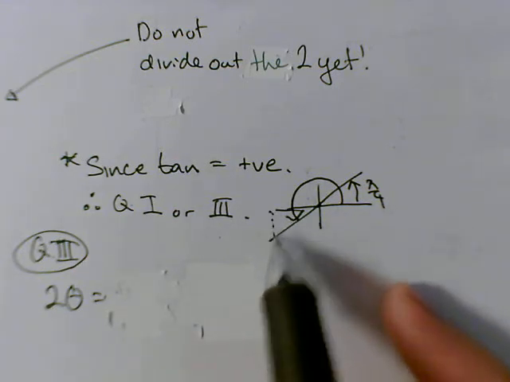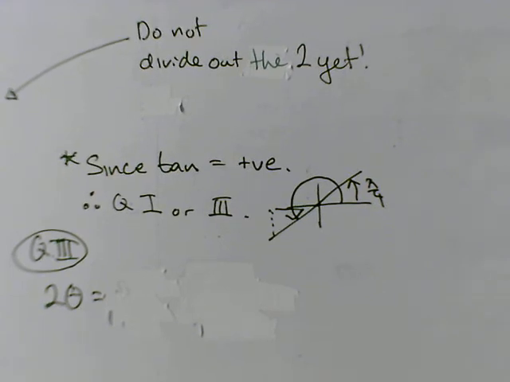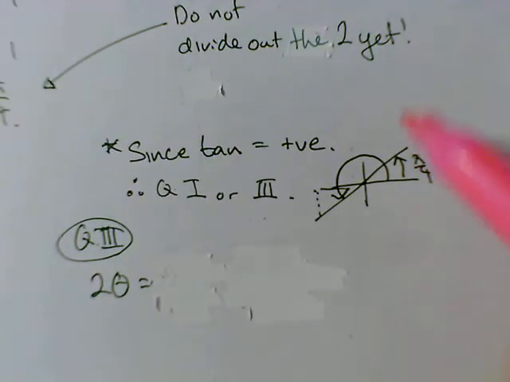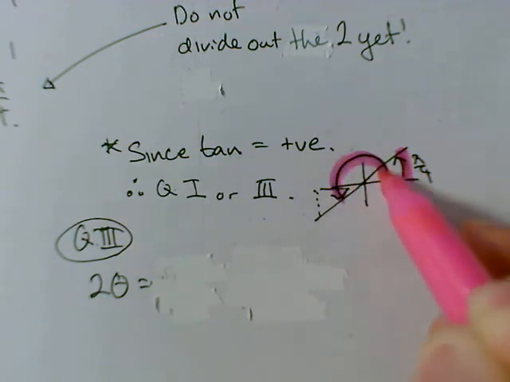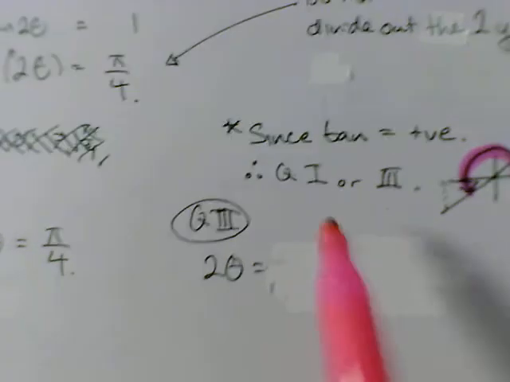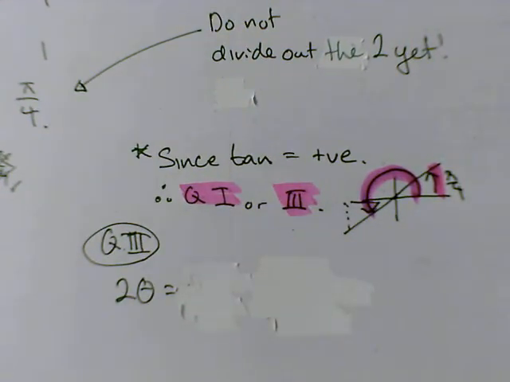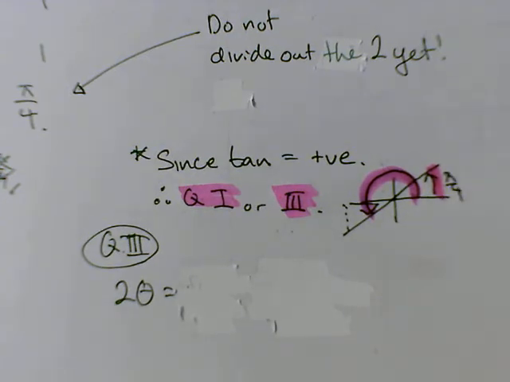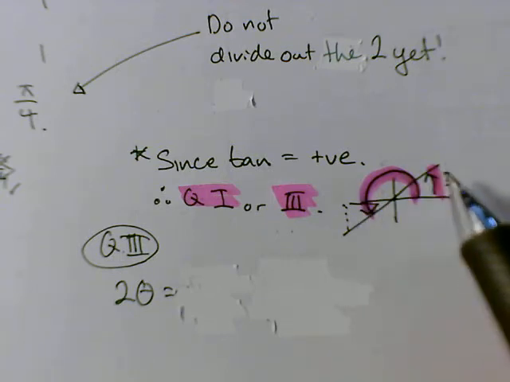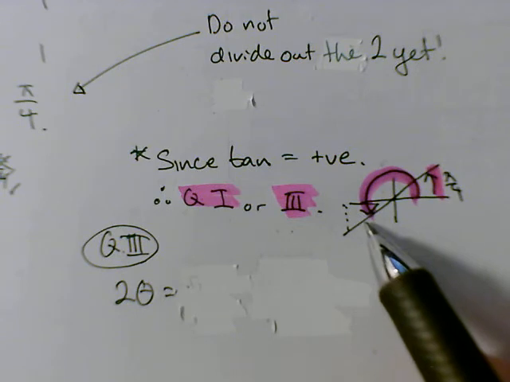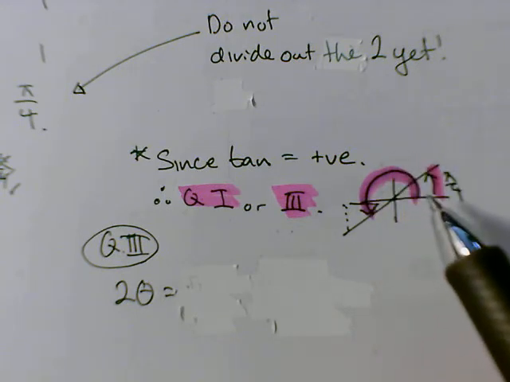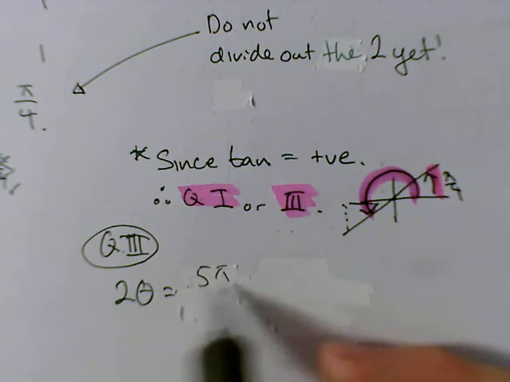So what is that triangle? Pi over 4 plus an extra pi. Because it's positive, it has to be quadrant 1 or quadrant 3. If it's quadrant 1, the angle is pi over 4. If it's quadrant 3, the angle has to be pi over 4, this little piece, plus a full half a circle, which is pi. It is 5 pi over 4.